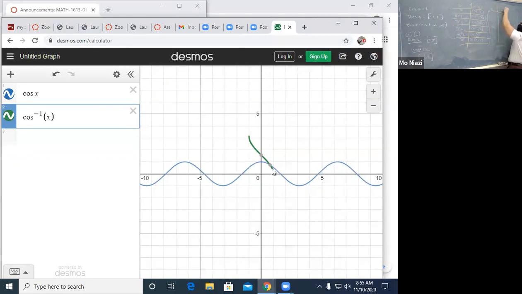Here's cosine inverse of your length. 1, root 3 over 2, root 2 over 2, 1/2, 0.